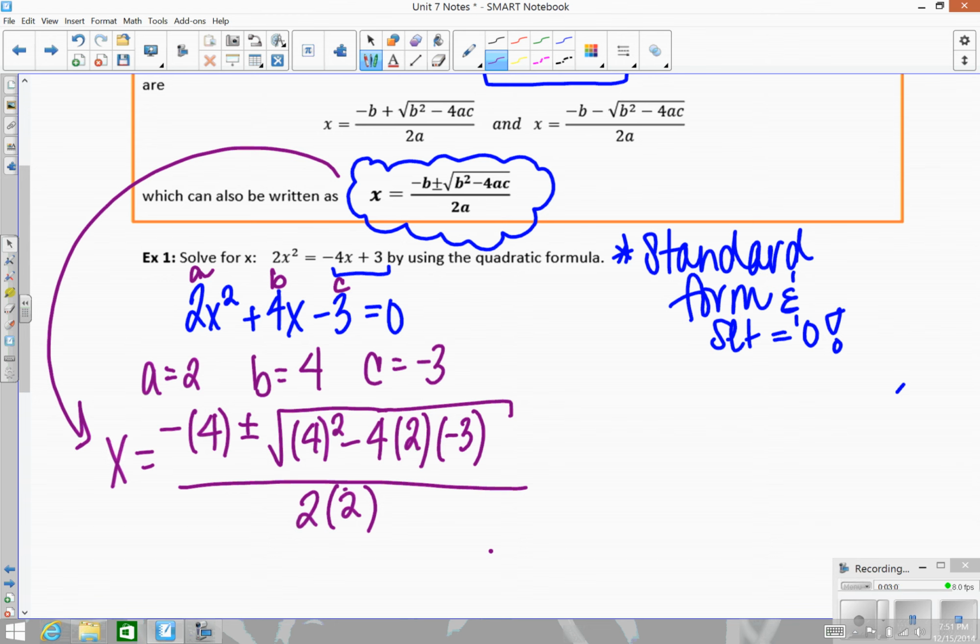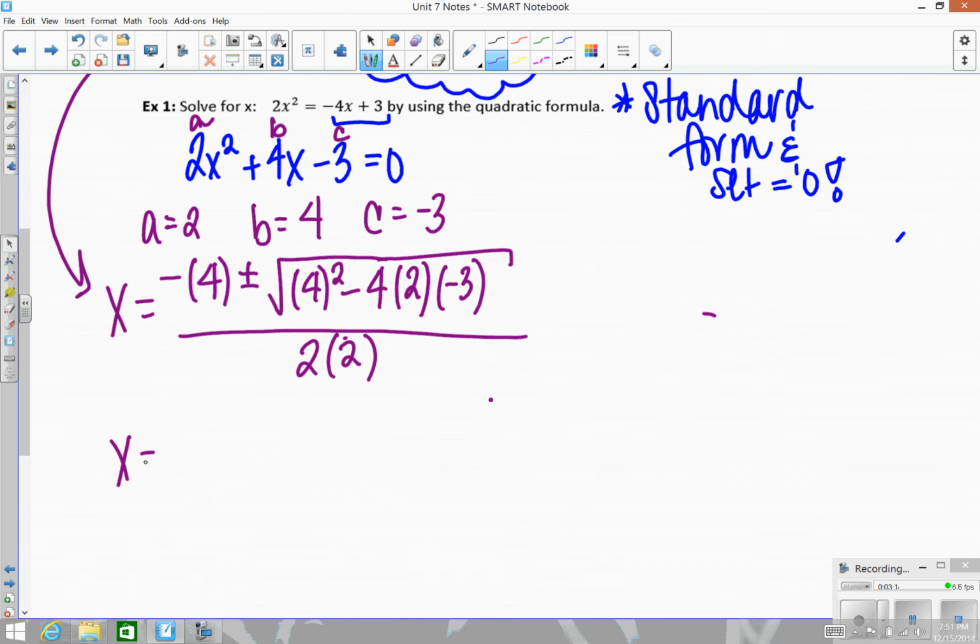The first thing you want to do is simplify underneath the radical. So we have x equals negative 4, and then underneath the radical I have 16. And then I have negative 4 times 2 gives me negative 8, times negative 3 is going to give me positive 24.